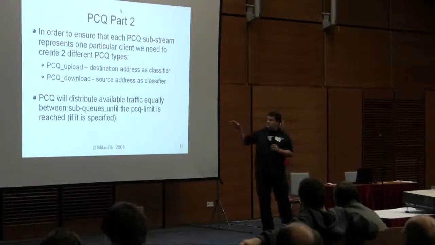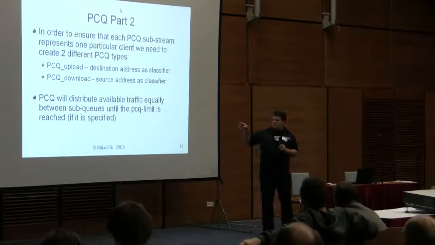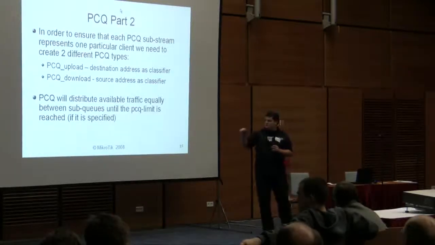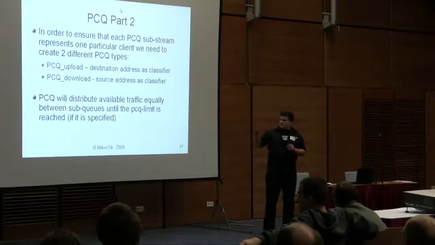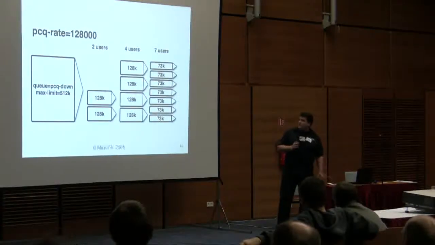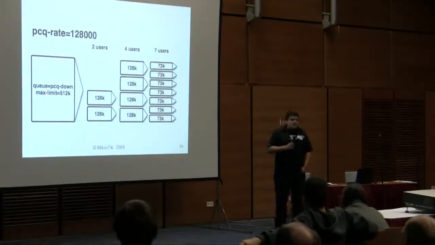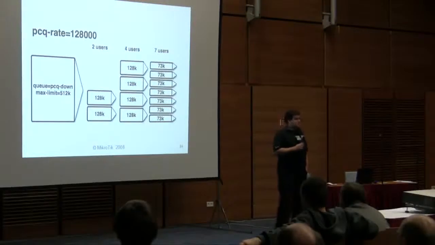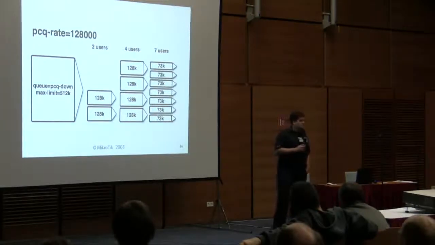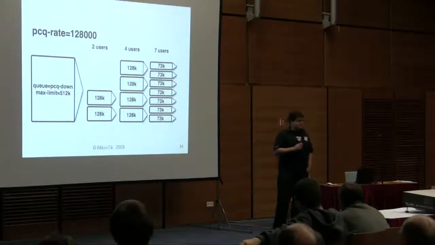This PCQ will distribute available traffic equally between sub-queues until the PCQ limit or PCQ rate is reached. So let's take a look over here. If the PCQ rate is 128K and you have a max limit of that queue 512K, and you have, let's say, middle of the night, and you have only 2 customers up.